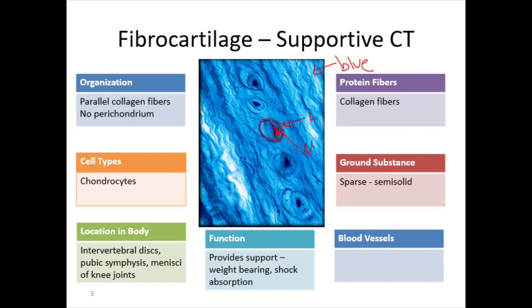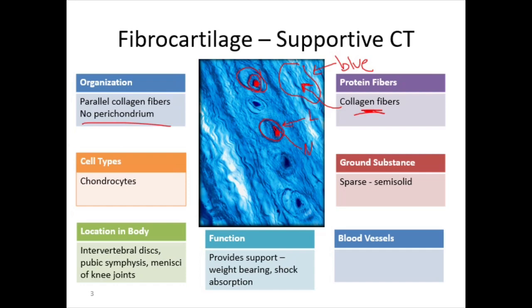Here's the nucleus. It's living happily in there. There are collagen fibers present. See all this waviness? Shows you the collagen fibers. No perichondrium. It's kind of close up on the slide, so you can't see it that well.